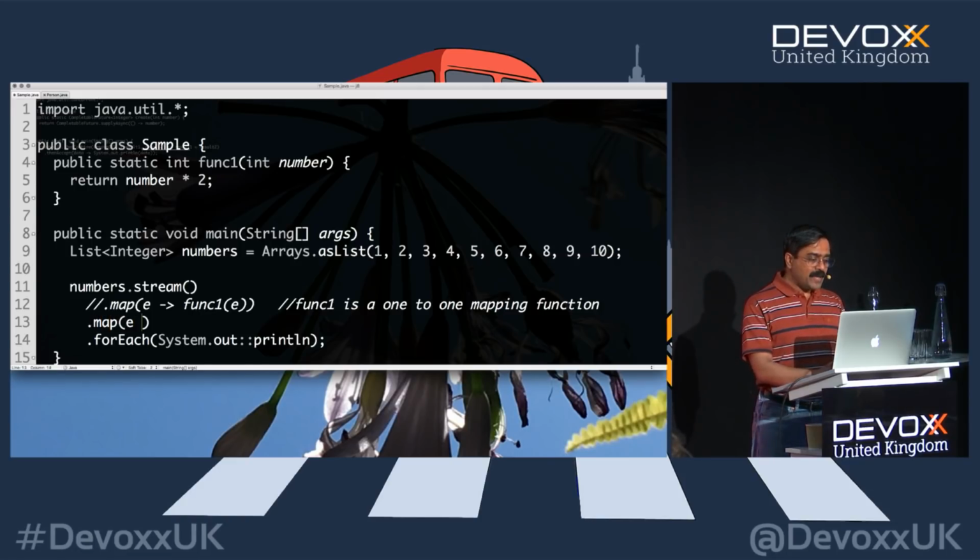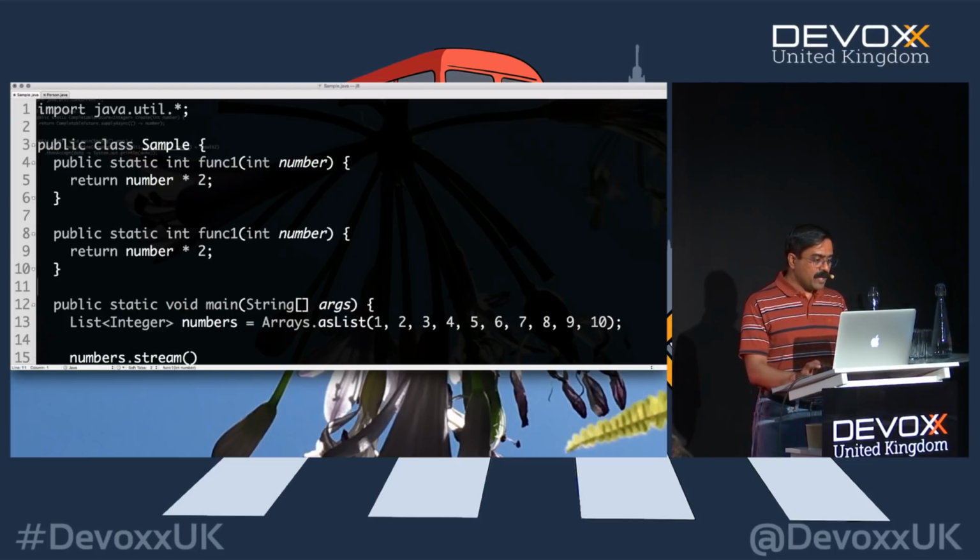So I say map given an element func2. And what does func2 do? Func2 is going to return to me not one object, but multiple objects. So in this case, I get an int[]. This is going to be func2. And what am I going to do here? I'm going to return number -1 and number +1.